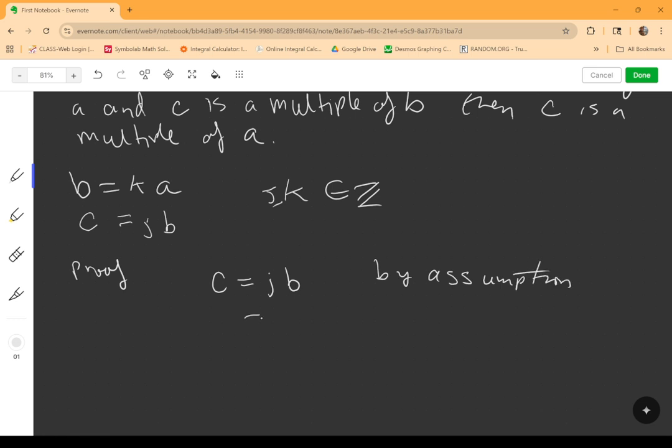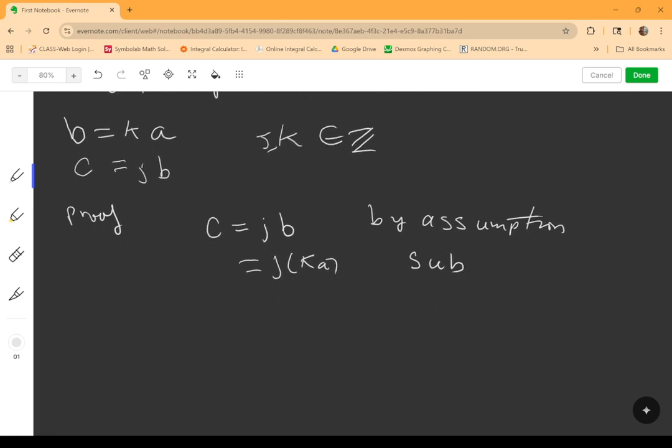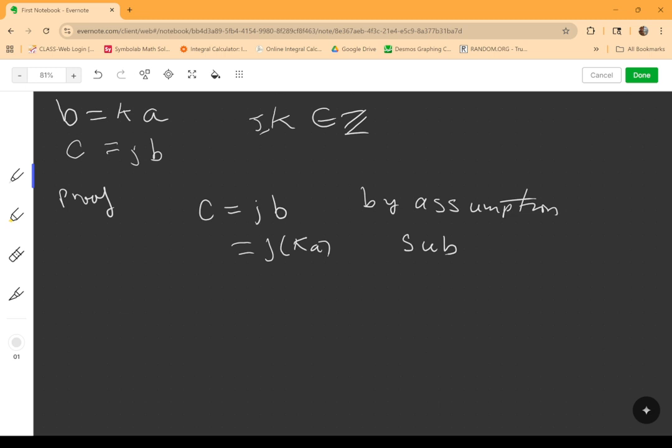Now I'm going to substitute. B is also written as K times A. That's just substitution, and again, one step at a time. The goal is to show that C is a multiple of A, which looks like I'm already there. What if I associate in this manner? That's the associative property.